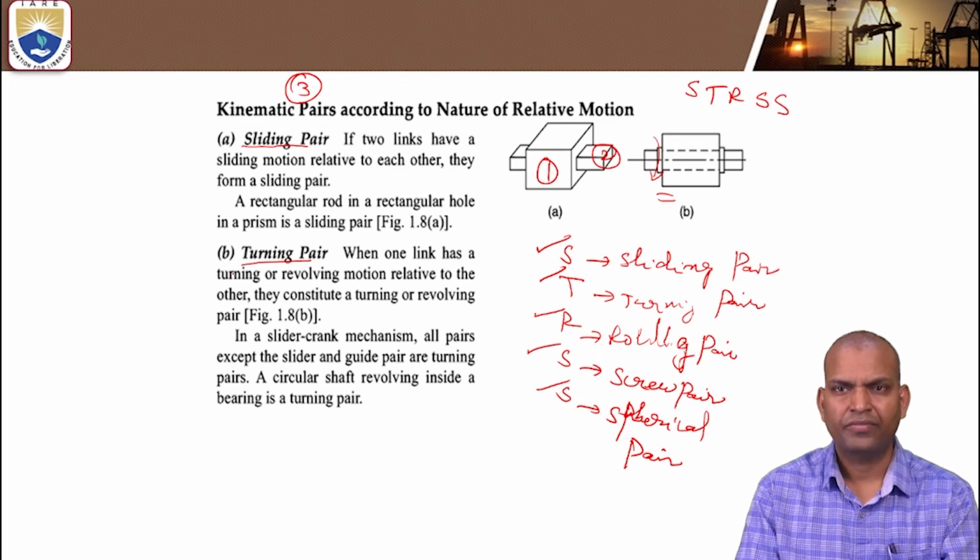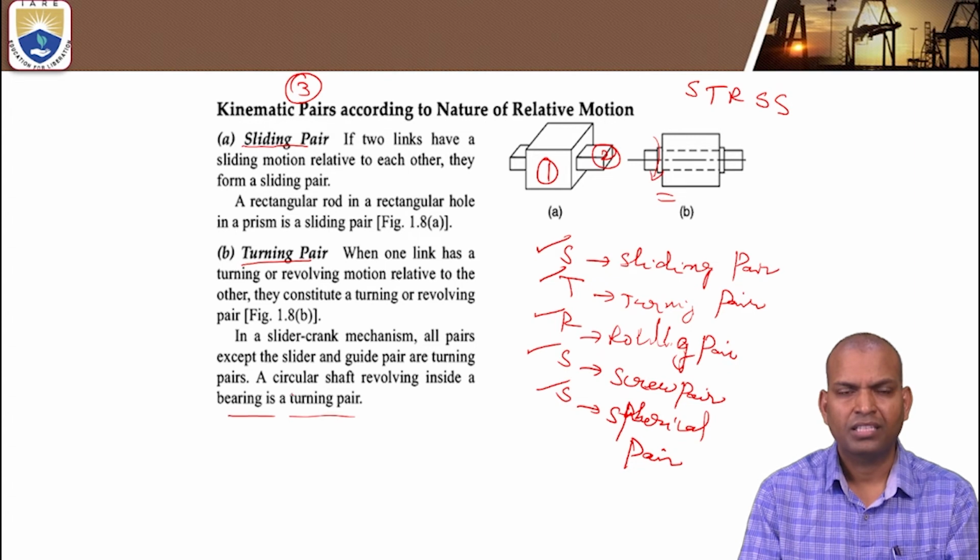That when the link, if two links have a revolving or turning motion relative to each other or between them, then that pair comes under the category of what? Turning pair. So turning pair example is that a revolving shaft. A shaft is rotating, revolutionary motion inside a bearing. Then it comes under the category of turning pair.